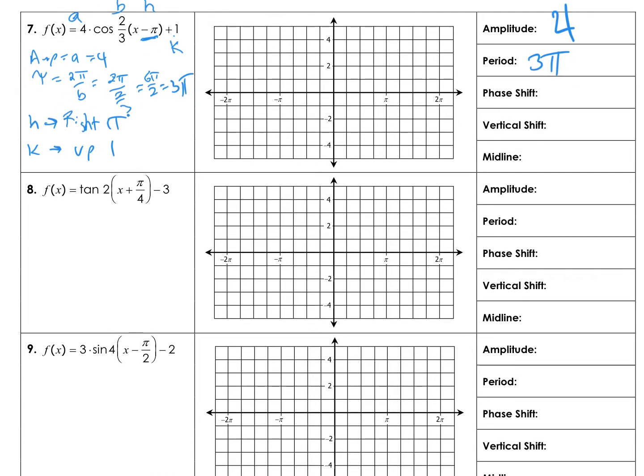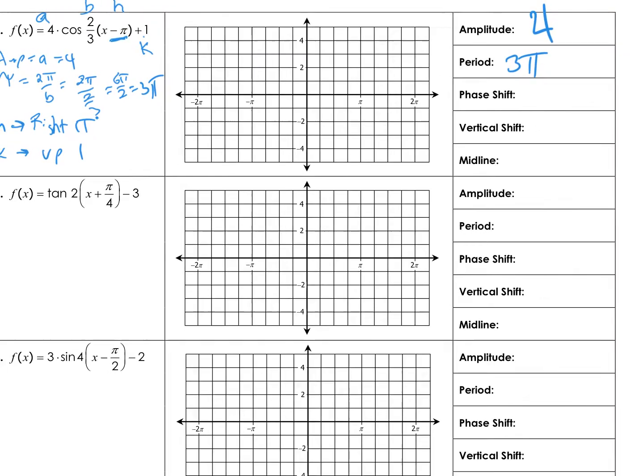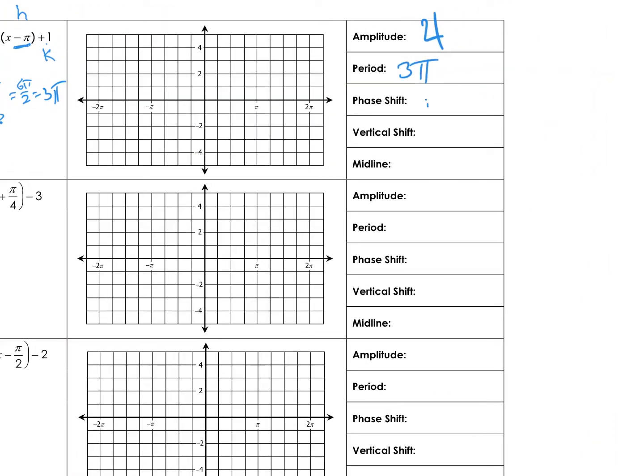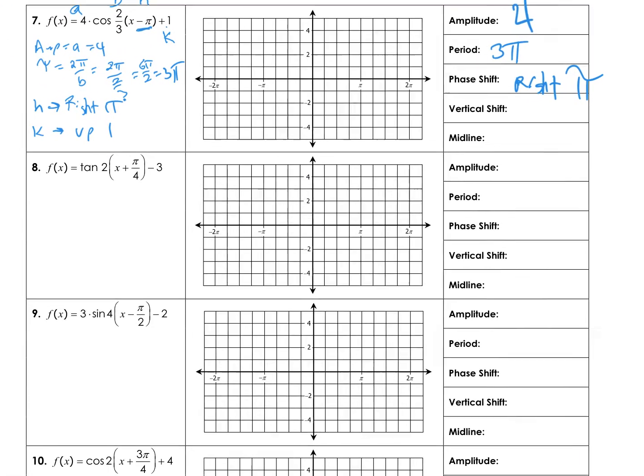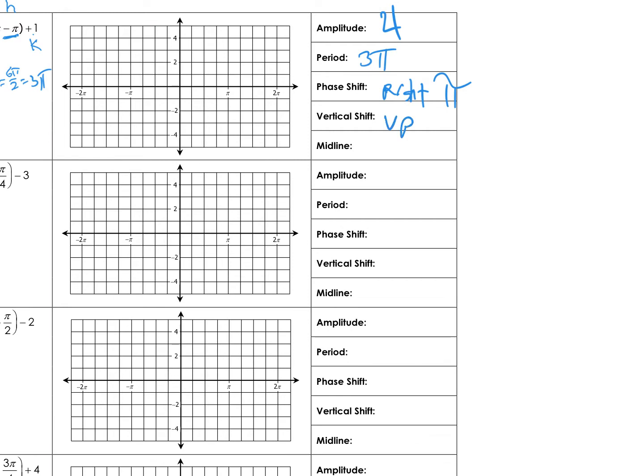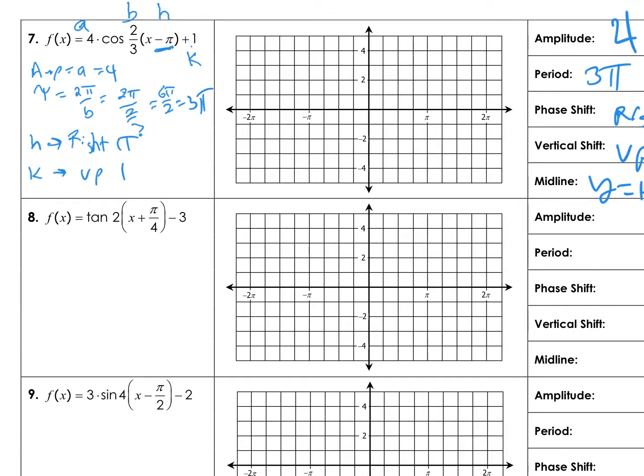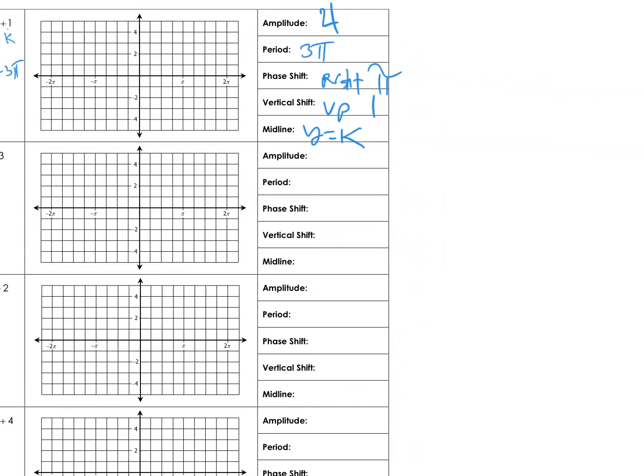We said the horizontal phase shift was right pi. Vertical phase shift, did it shift? Yes, it shifted up 1. y equals k is my midline. What's my k? It's a 1. So y equals 1 is my midline.